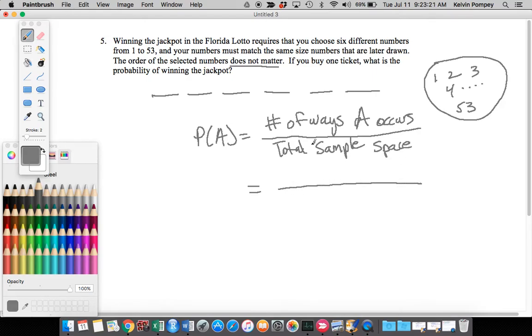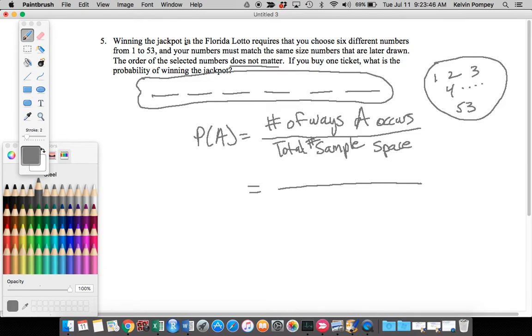The number of events in our sample space is the part that has the counting elements in it, right? And the counting elements come from the context of choosing these 6 numbers from 1 to 53 without replacement, and they can be in any order.